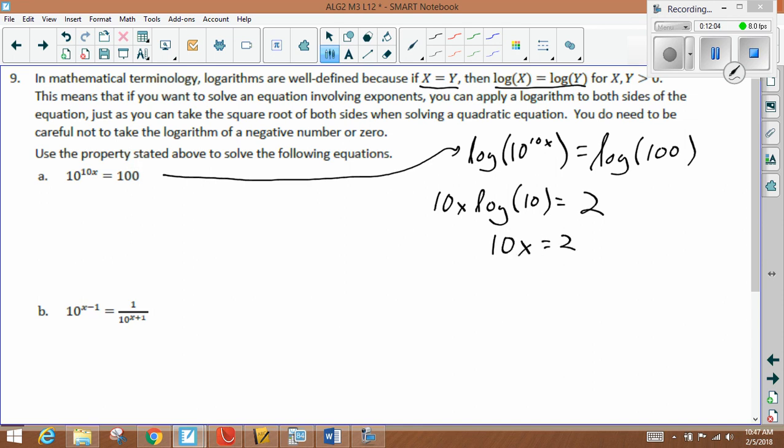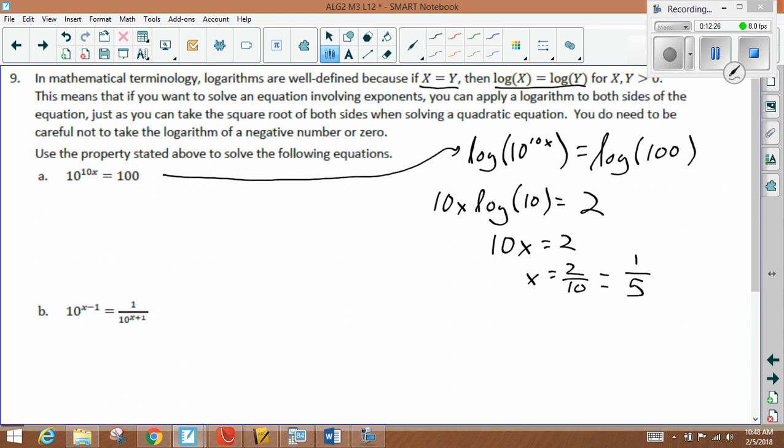So that's going to go away. So then I'm left with x equals 2/10, right? If I divide both sides by 10. Which turns out to be 1/5.